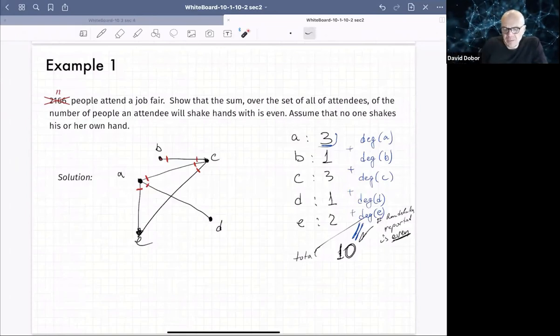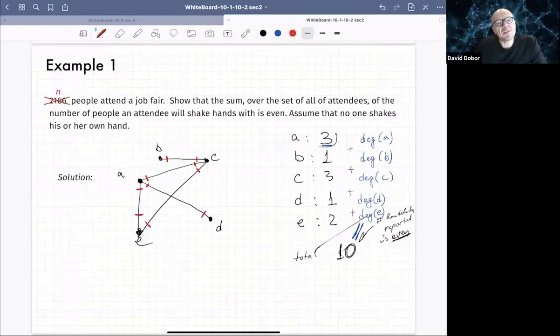So there's no way for me to have 3 tick marks or 17 tick marks on any of these edges. And there's no way to have just 1 tick mark or no tick mark, as long as everyone reports the handshake, which is assumed. So as I go around, each of these handshakes is marked exactly twice.